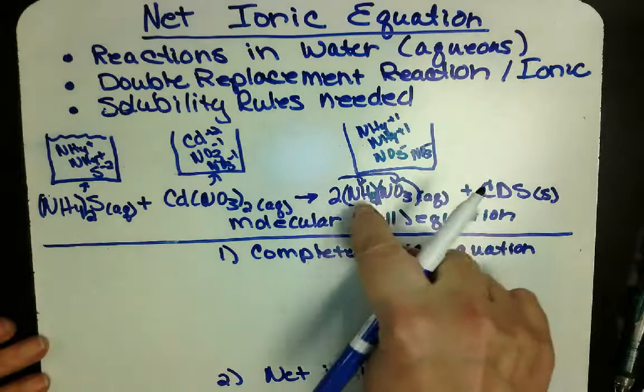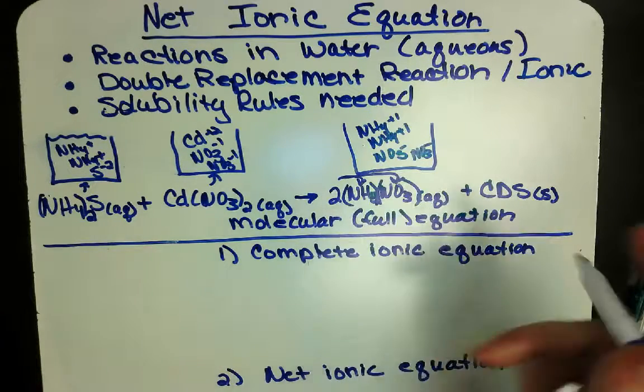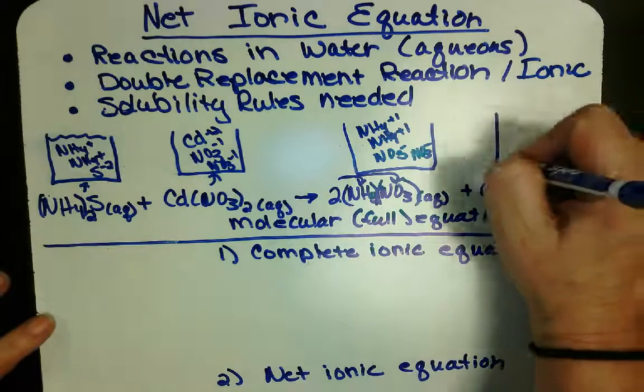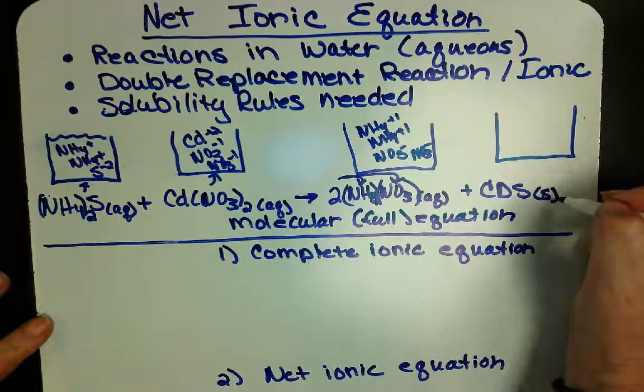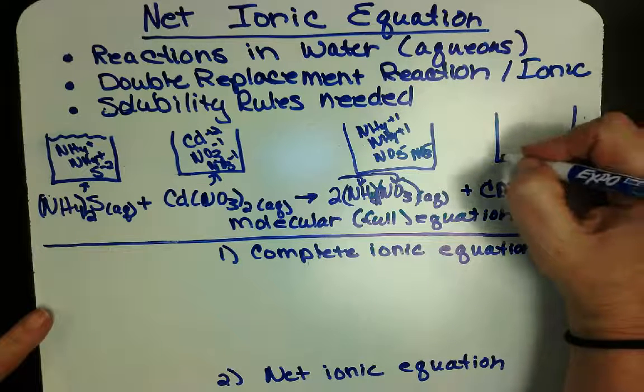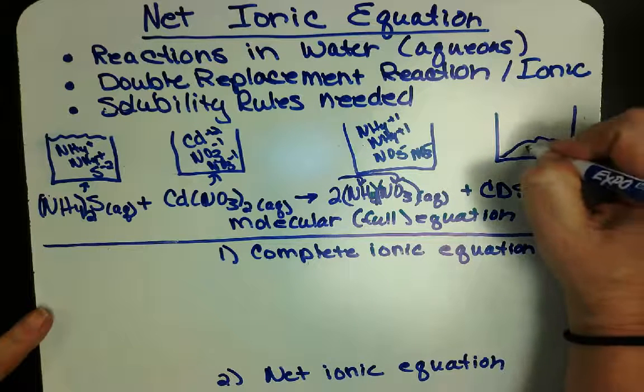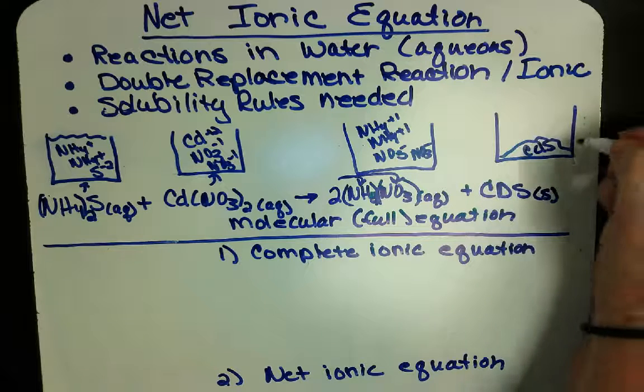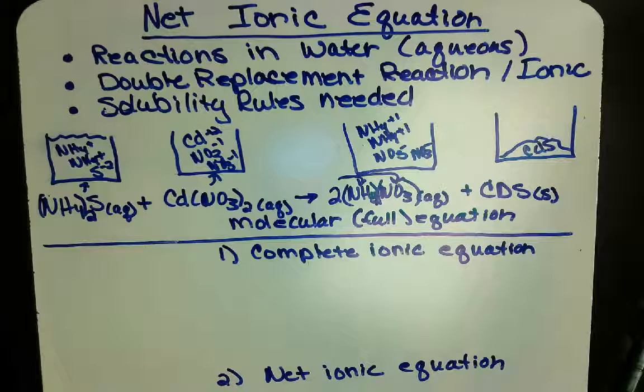Because there's 2 ammonium nitrates, so they break up into that. And then what's this guy going to do? He's not aqueous, so he's going to form this lump of solid on the bottom, and he's not going to break up into ions at all, because he's not aqueous.